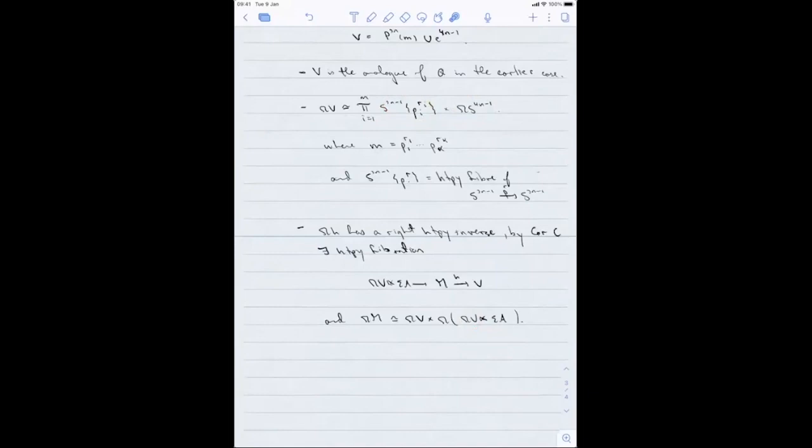So collectively, this whole thing will just be a wedge of Moore spaces. And the torsion orders will depend on the primes that you see here, so some finite collection of primes.